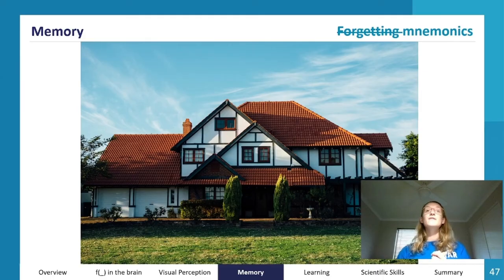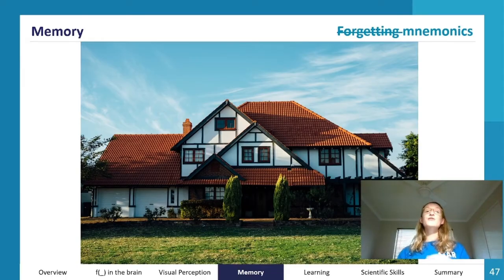So the method of Loki is not actually about having butter on the table or eggs on the front door. It's about visualizing these familiar locations so that you have a familiar association with each thing. So again, linking it back to the fact that when we encode things semantically, when we give them meaning, they're more likely to have the appropriate cues and be more deeply encoded in our memory.